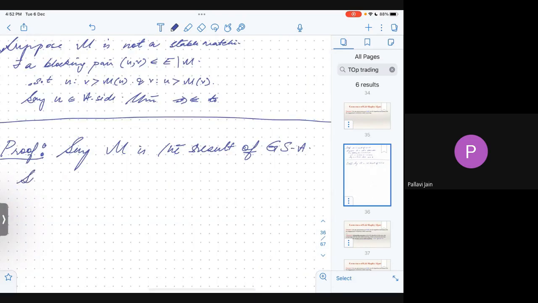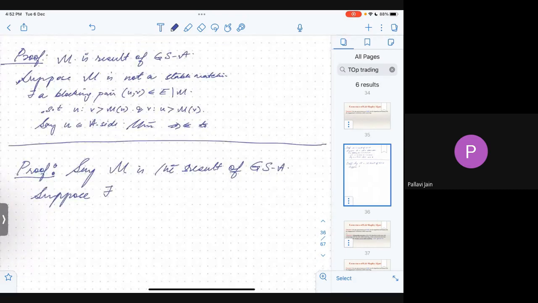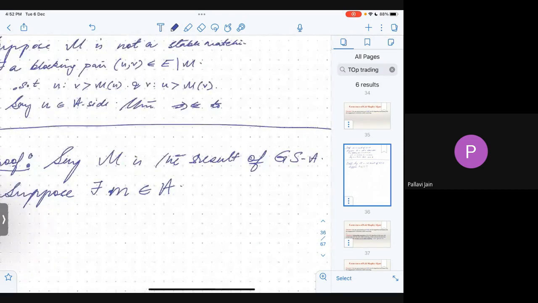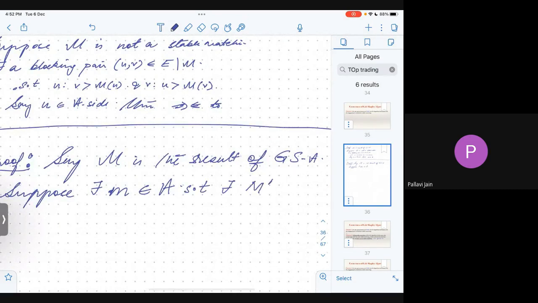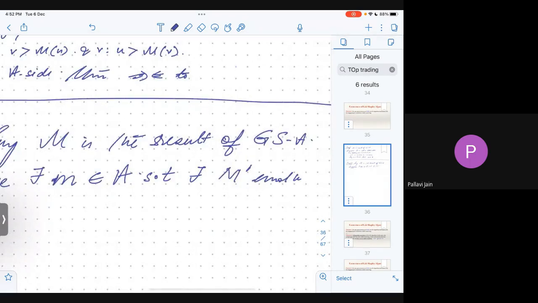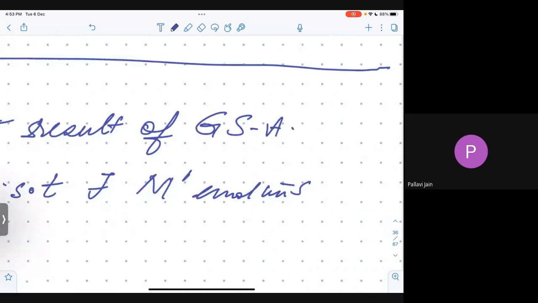And suppose, as a contradiction to that statement, there exists a man, m, it's just easier to say man, woman, and so on instead of u, v, such that there exists M prime, another stable matching. I apologize for my handwriting. It's kind of hard to write.